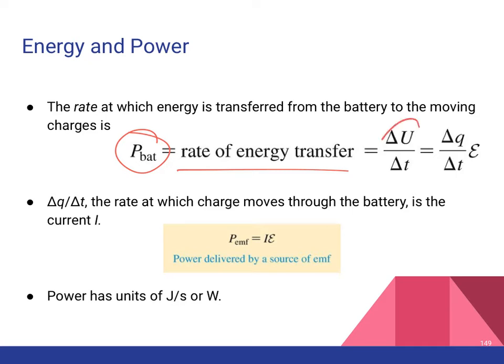That's our change in electric potential energy over time, or our charge times the voltage divided by the time. And more conveniently for us, charge over time is actually current. So the power of the battery source is the current times the voltage. And that is, again, in joules per second or watts.